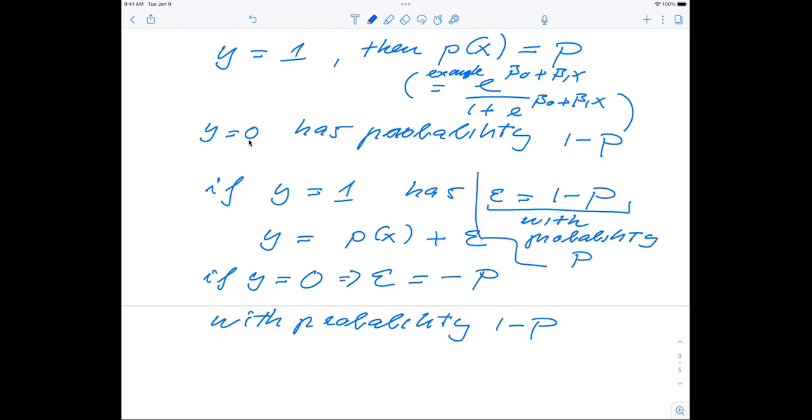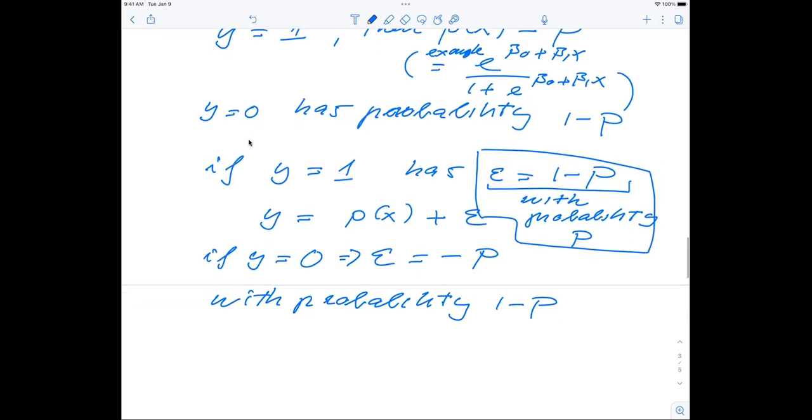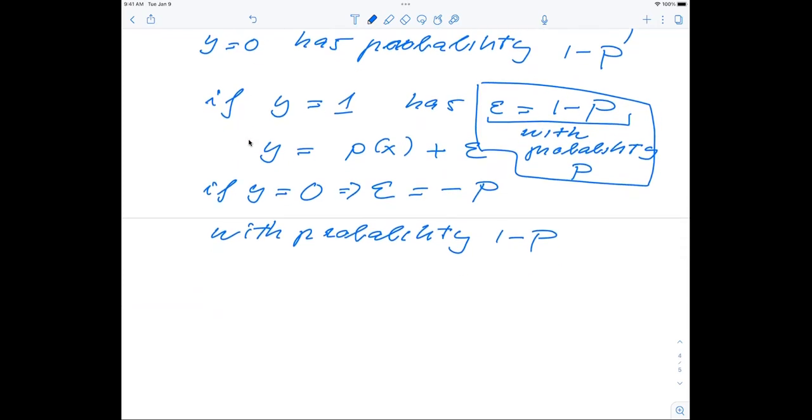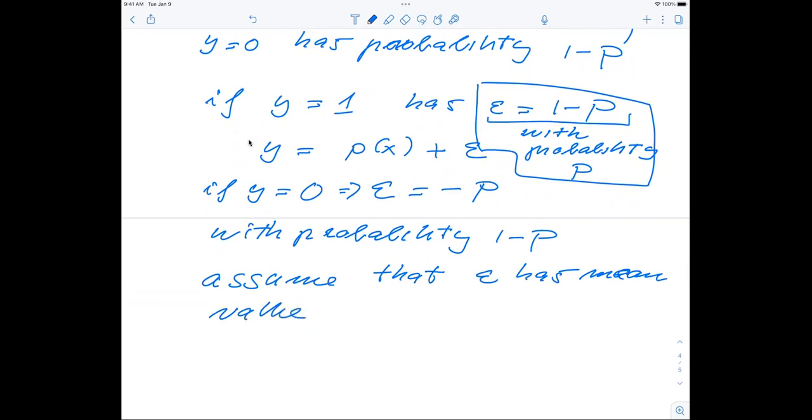So let's just frame that one in here. And then we have the next one here. So that means that we now assume that this quantity epsilon has a mean value equal to 0.